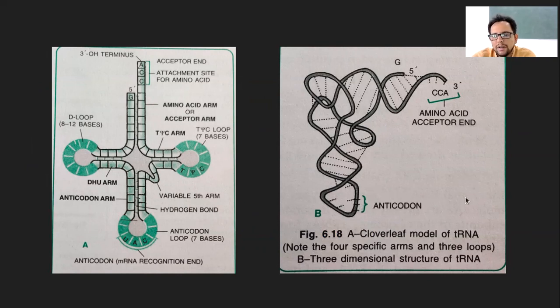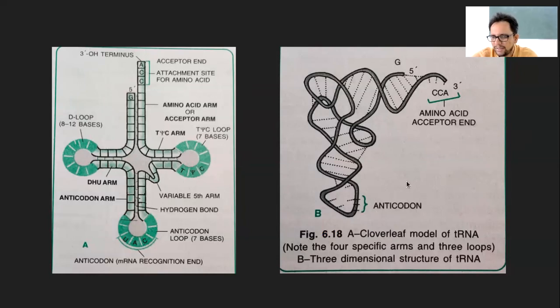If we look at the three-dimensional structure, this last base pair will have certain space to move around a bit. But the first two are relatively rigid because they are part of the loop, and this is towards the end of the loop, right? In this two-dimensional view it may not be so apparent, but maybe I will show you the actual three-dimensional diagram of the tRNA, if I find that picture or video model. There this thing will get clear.